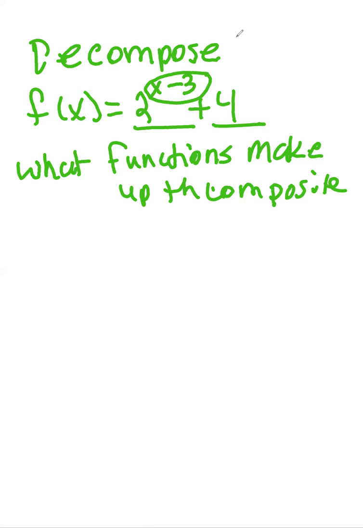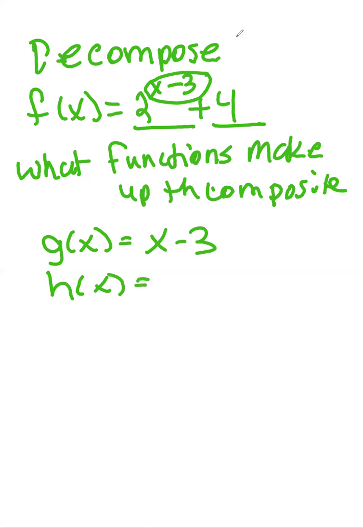If I were to say g of x is equal to x minus 3, and I would have h of x is equal to 2 to the x power, and m of x is equal to x plus 4, then that would give me the problems that I had to make up that particular problem.